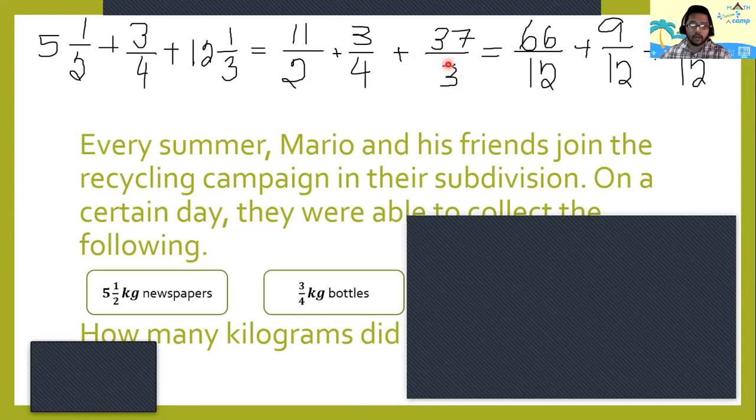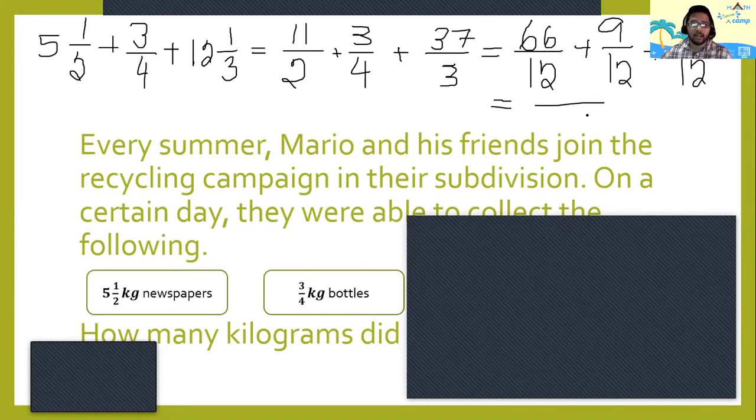So 4 times 37. Medyo malaki yun, 37 times 4. I don't like big numbers that much. So the answer is 148. If you have calculators, you can check. 148. So now we're going to add lahat ng mga numerators, di ba?